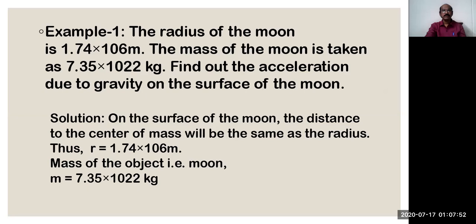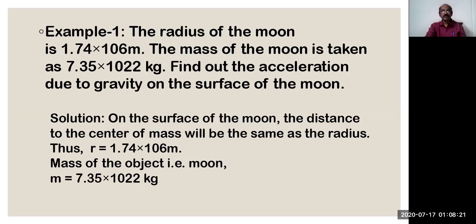Now, an example. The radius of the moon is 1.74 into 10 to the power 6 meters. The mass of the moon is taken as 7.35 into 10 to the power 22 kg. Let us find the acceleration due to gravity on the surface of the moon.